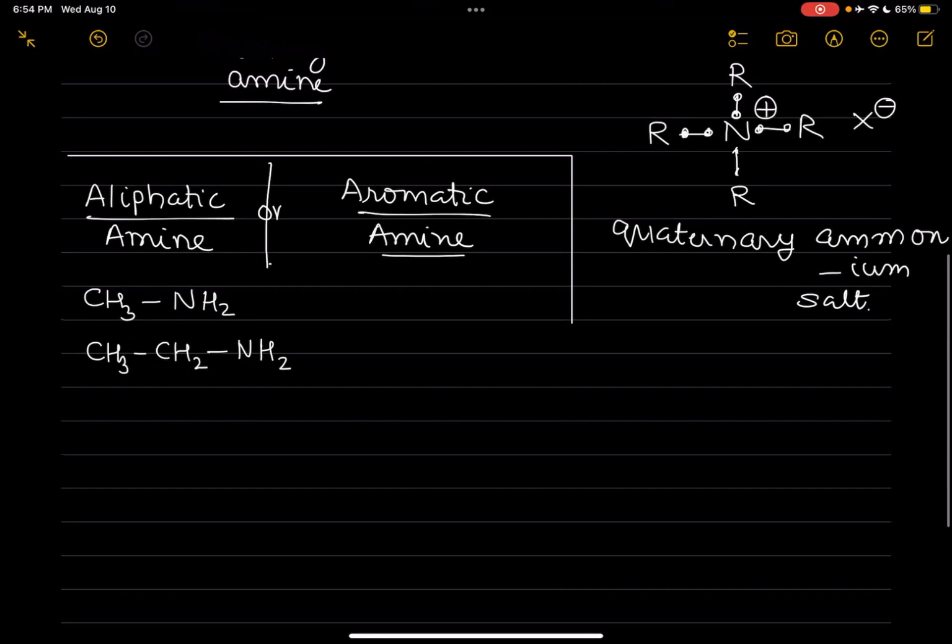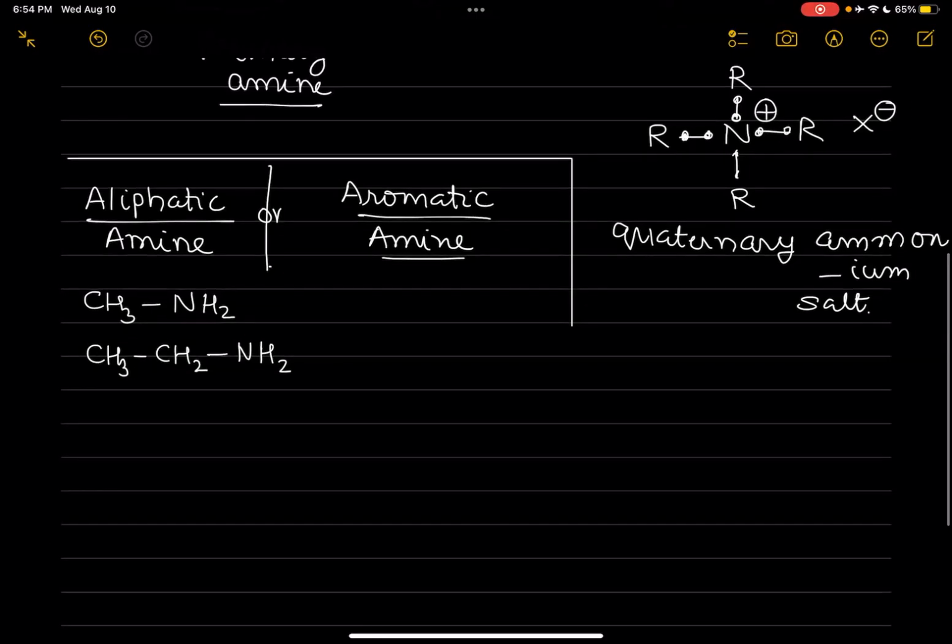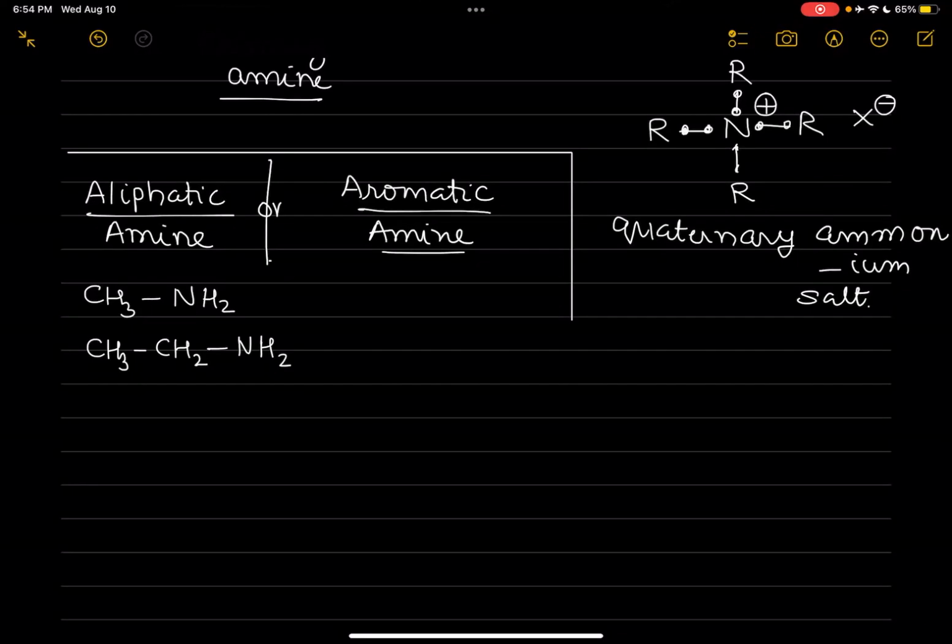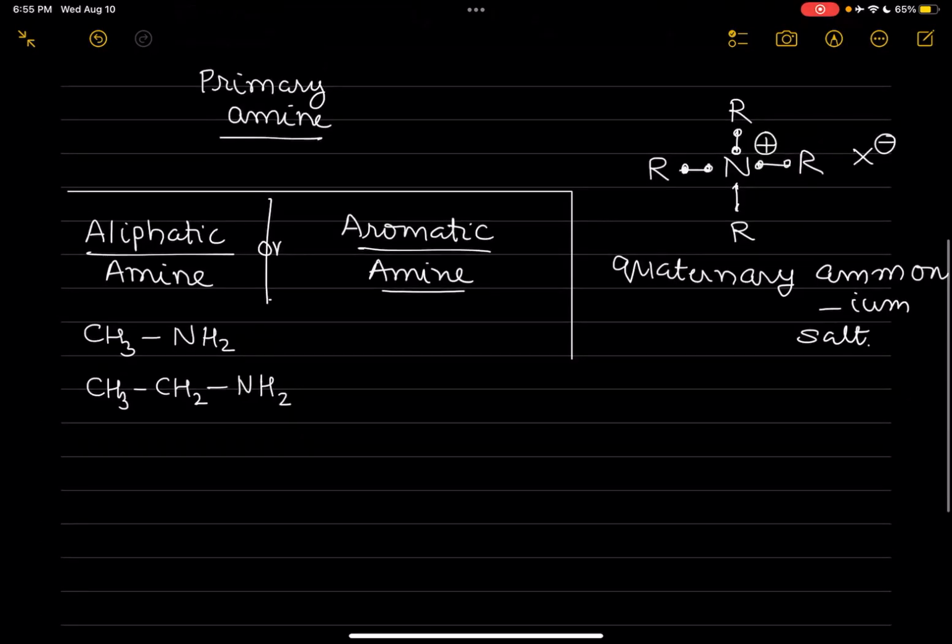Can you name it, used for cleaning purposes? Come on, guys. Can you tell me quickly? That is phenol. Phenol, you know. That is an aromatic alcohol. That has a benzene ring.